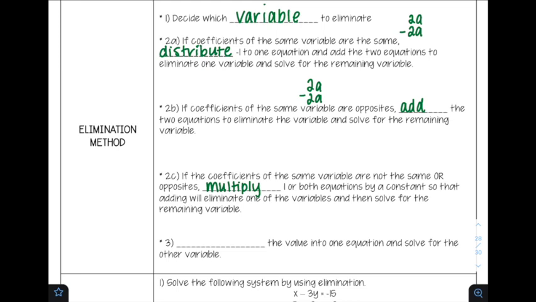I think the last scenario is probably the most complicated, and as you'll see in the examples, you just have to find the value that you'll multiply your coefficients by in order to cancel them out when you add. And then the last step: you're going to substitute the value into one equation and then solve for the other variable, the one that you canceled out.